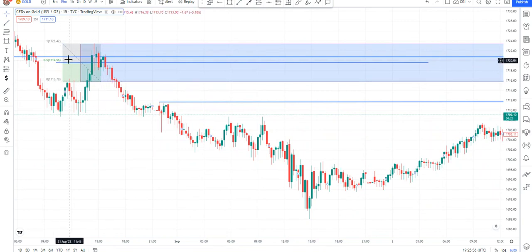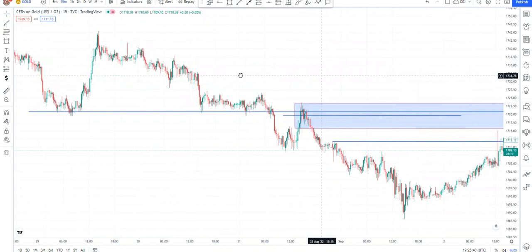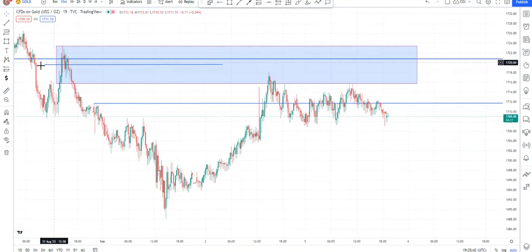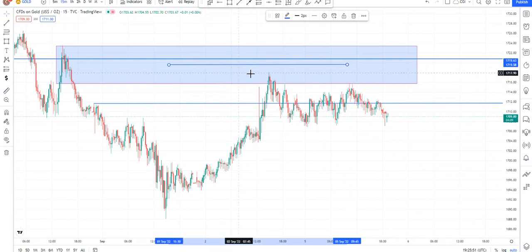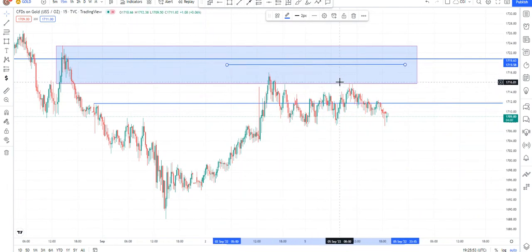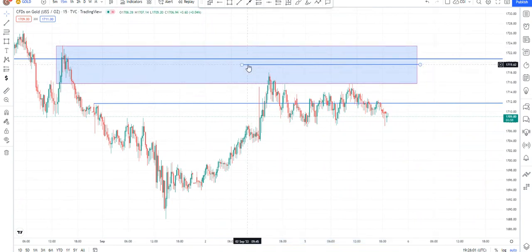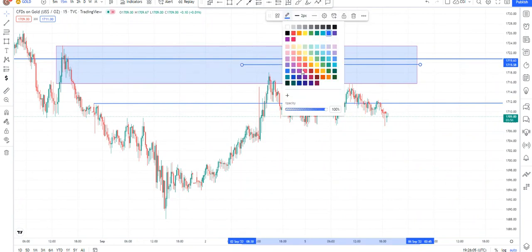I'll delete this now. Now you want to move that line to the front. You don't have to do it the way I'm doing it. I'm just giving you an idea of how you should do your daily price log. This is how you should do your daily price log.